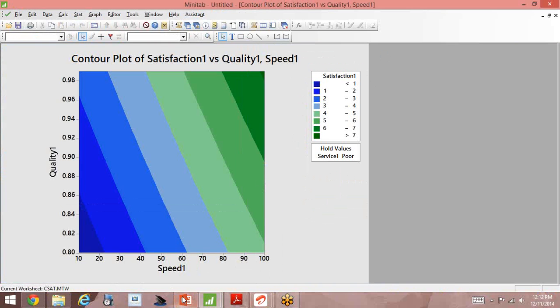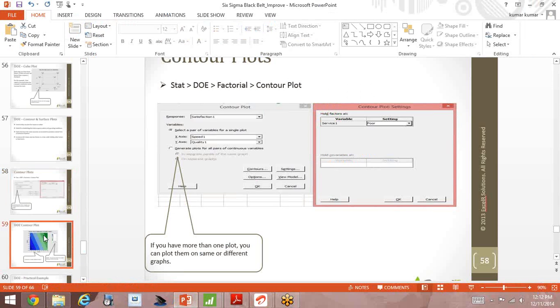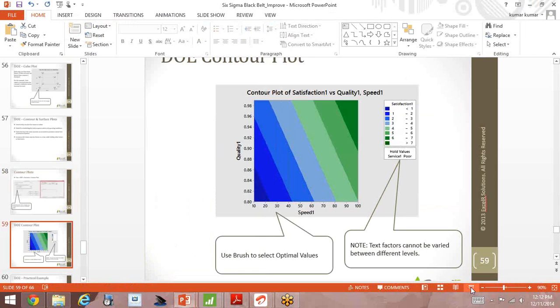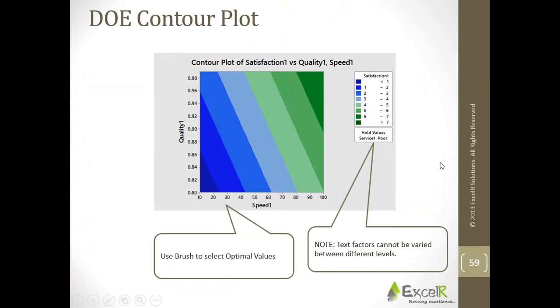Let us interpret this diagram. What does this diagram mean? This says that the text factors, text meaning here service poor or great is a text, it's not a numerical value. Text factors cannot be varied between different levels.